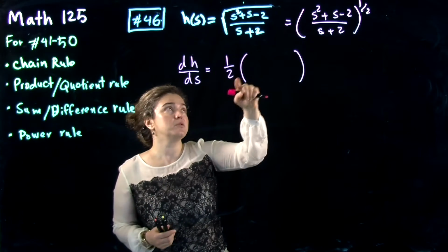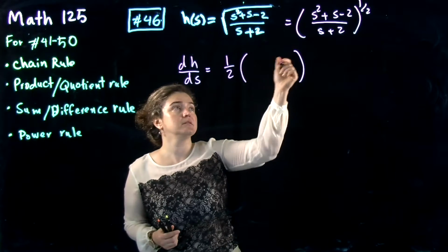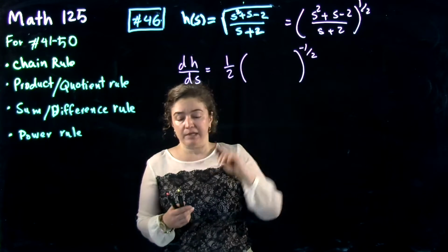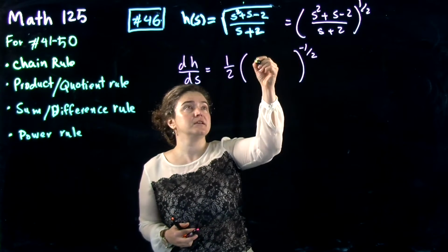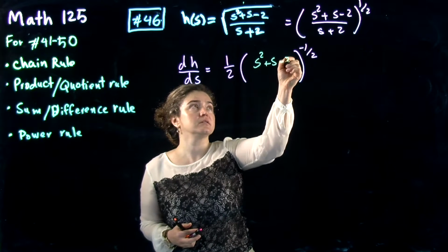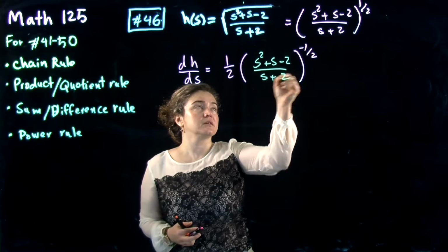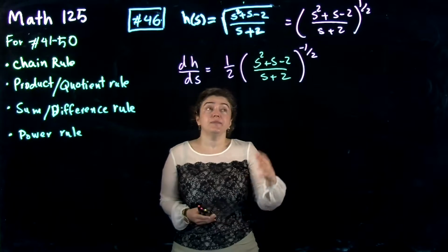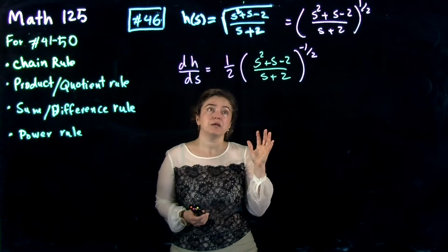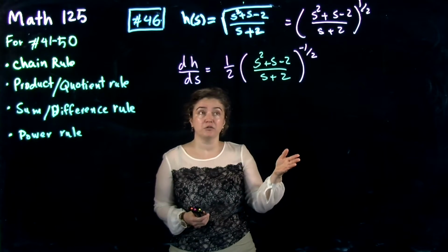Okay, power rule is the power comes down, to power 1 less, inside is unchanged. Then inside is a chain rule.